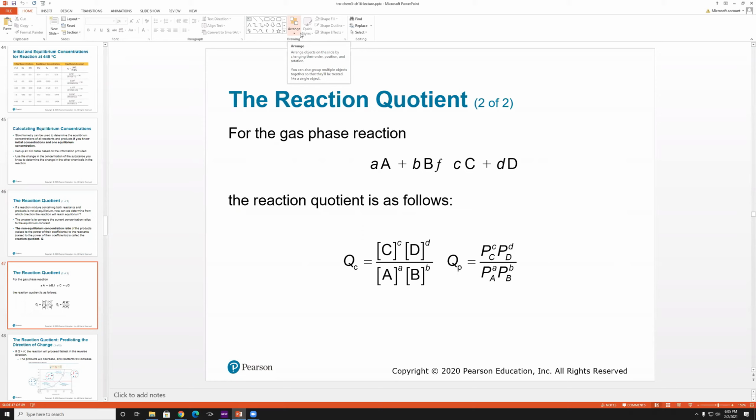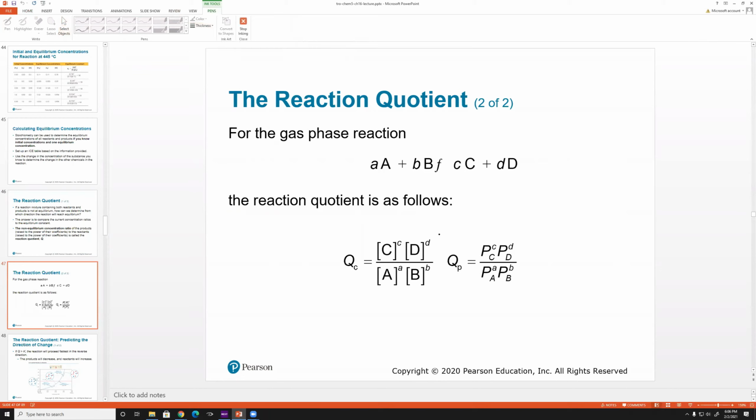And just like we have for K, we can have a Q value for gases and for concentrations, meaning QC and QP. So we can do the same exact thing we did for K, but for this reaction quotient, which can be used to express the relationship between the products and reactant concentrations at any point in the reaction, not only equilibrium. If Q equals K, then it's at equilibrium.